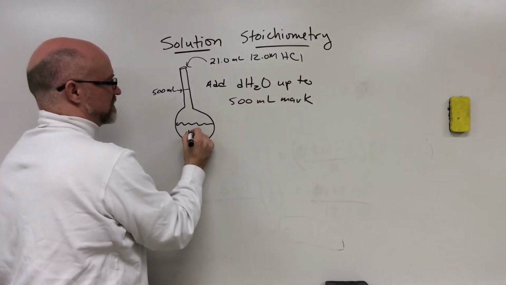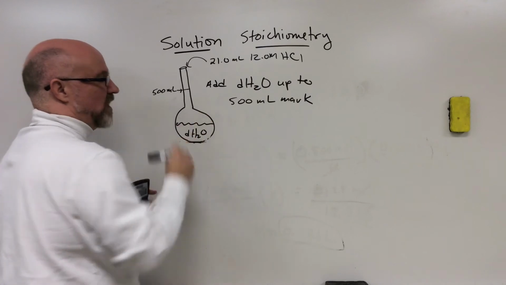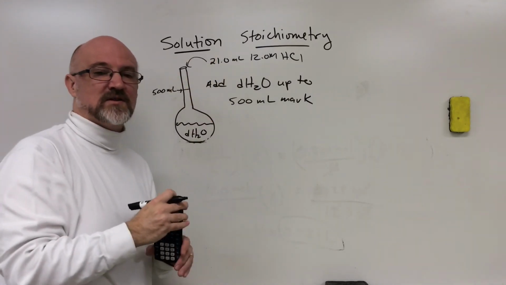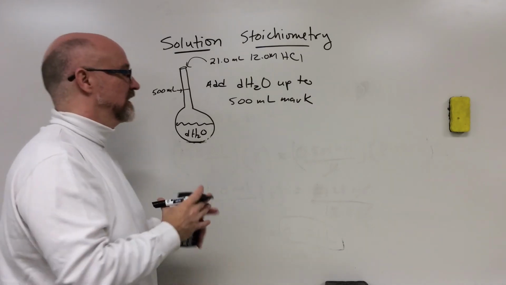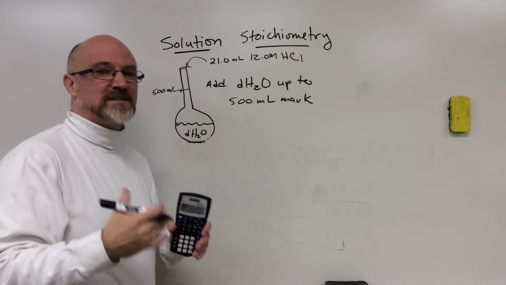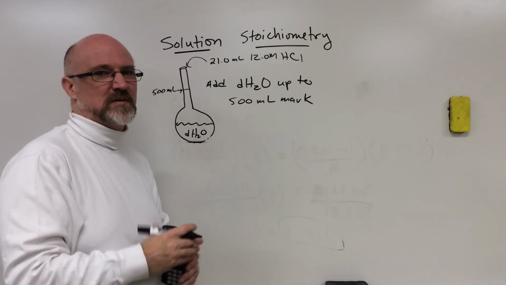So put in some distilled water first, partially fill the flask, add the 21 milliliters of the full strength acid, and then add the rest of the volume of the water. And that's how I would make the solution, by diluting it down.